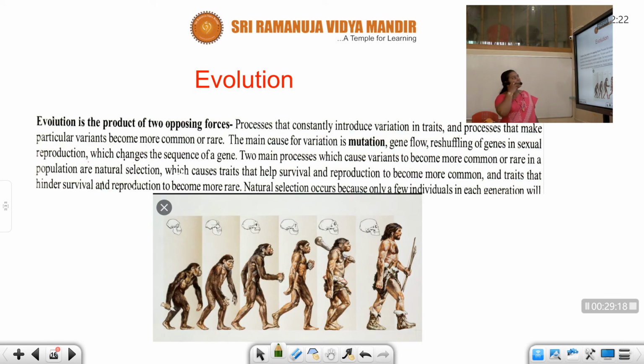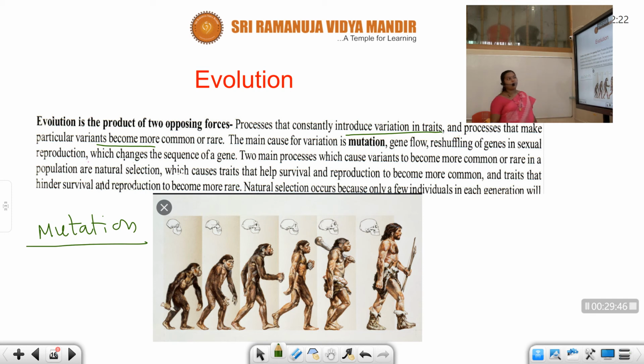Now let us see about evolution. Evolution is the product of two opposite forces: the process that constantly introduces variations in the trait, and the process that makes a particular variant become more common or rare. The main cause of variation is mutation, which is very important.